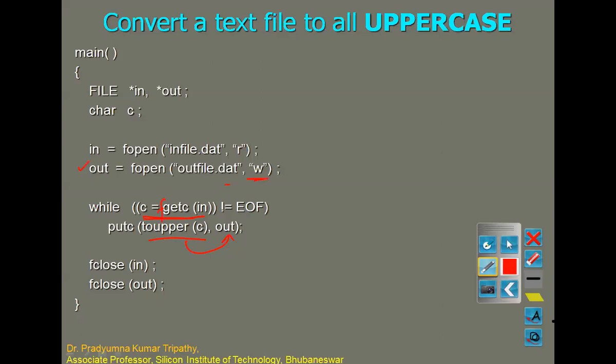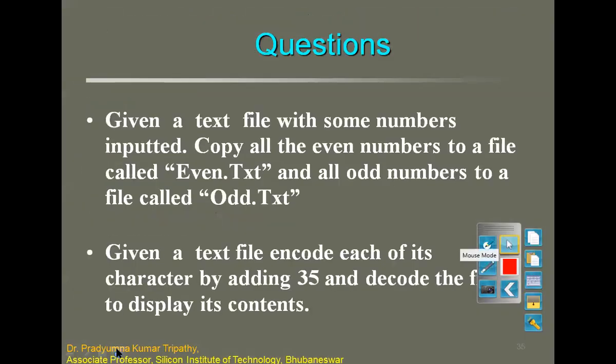Go for the next program. Can you write this program? This is an assignment for you. One solution I will tell you. If a text file is given with some numbers, copy all the even numbers to a file called even.txt and all the odd numbers to a file called odd.txt.